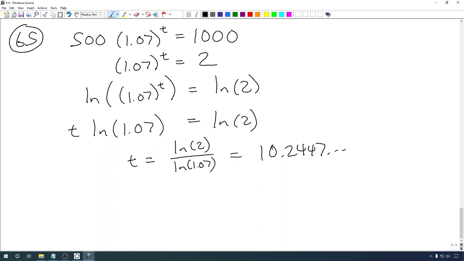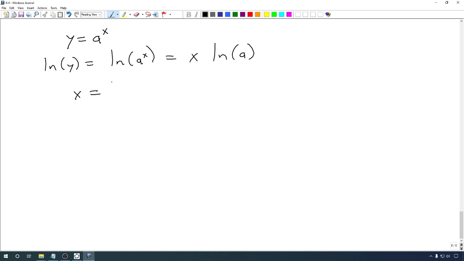We can even turn this process into a theorem, into a property. If we start with y equals a to the x, we take the natural logarithm of both sides, and then we use our property of logarithms to turn this into x times the natural logarithm of a. We can solve and say that x is the natural logarithm of y over the natural logarithm of a.